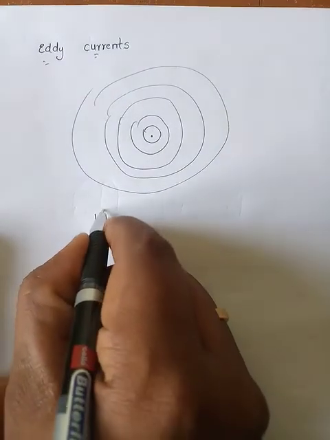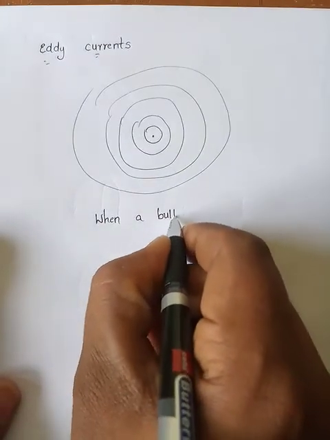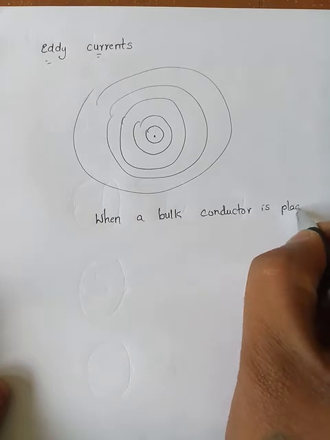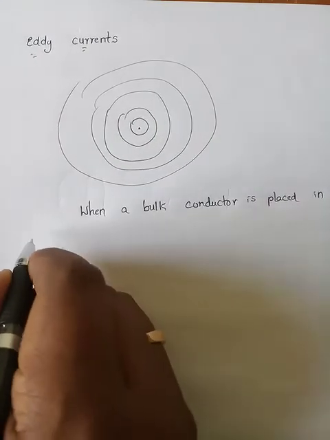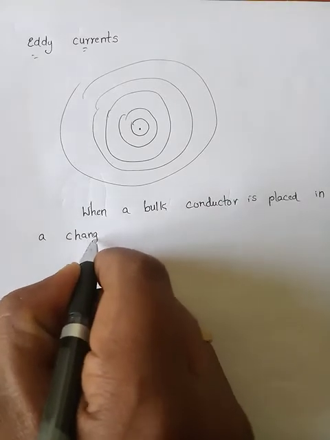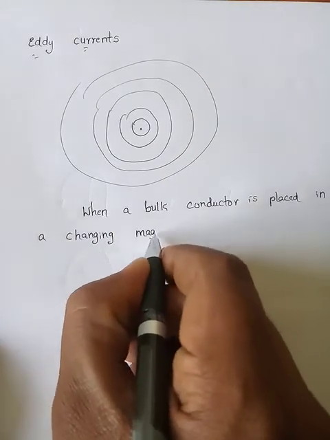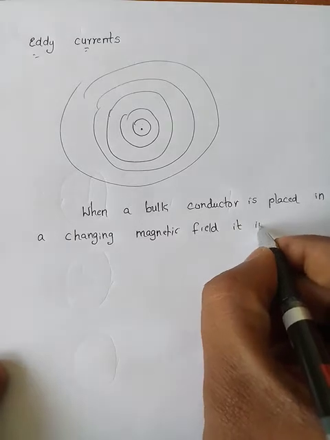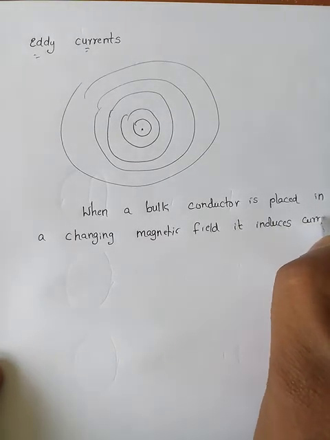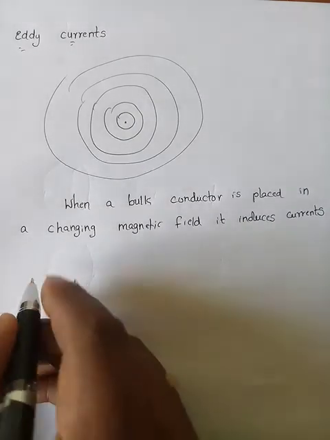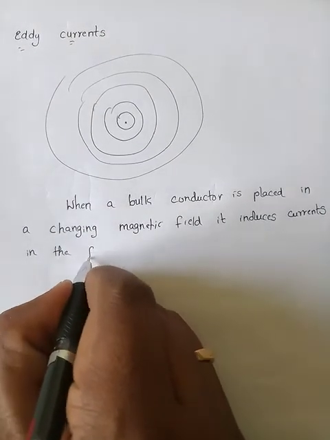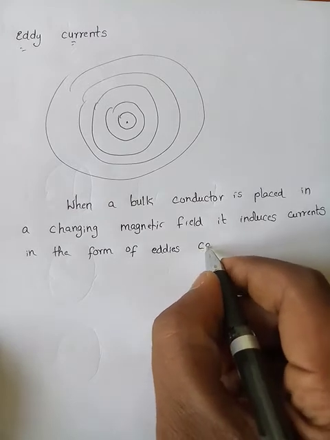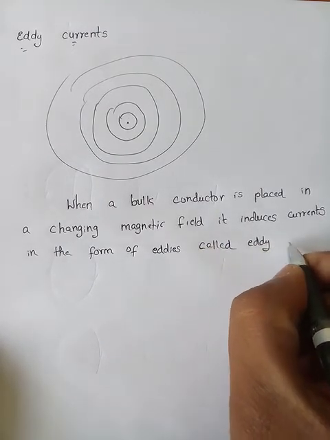So what you can say is: when a bulk conductor is placed in a changing magnetic field, the condition is that the magnetic field must be changing, otherwise magnetic flux cannot change, it induces currents in the form of eddies, called eddy currents.